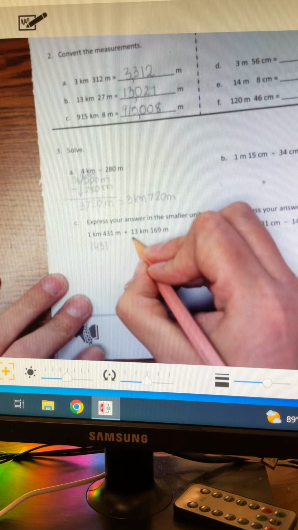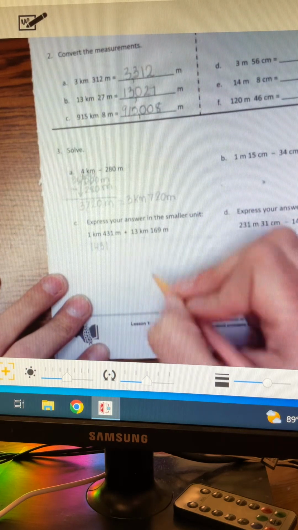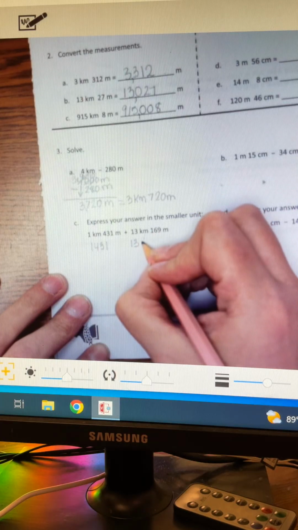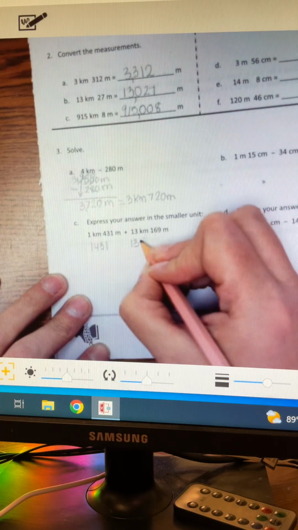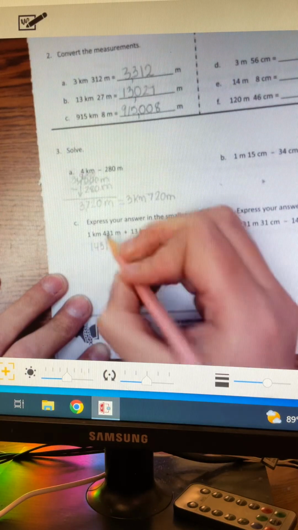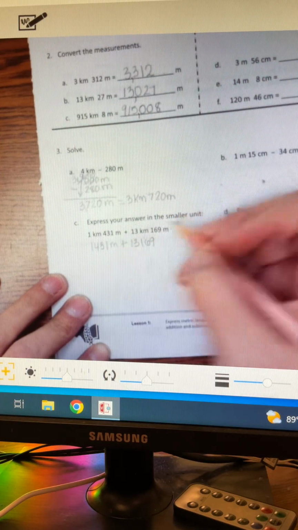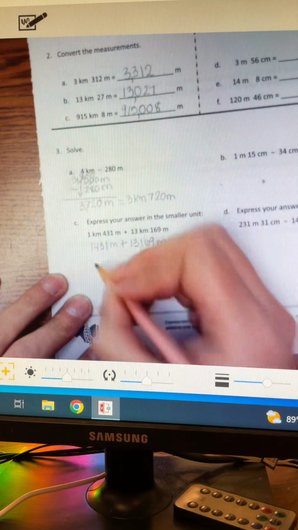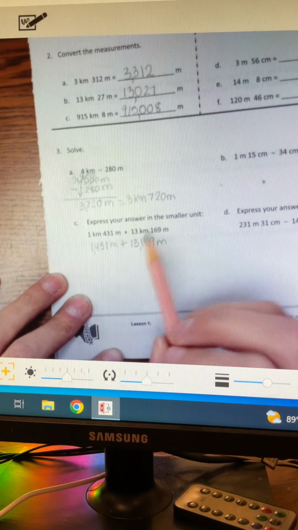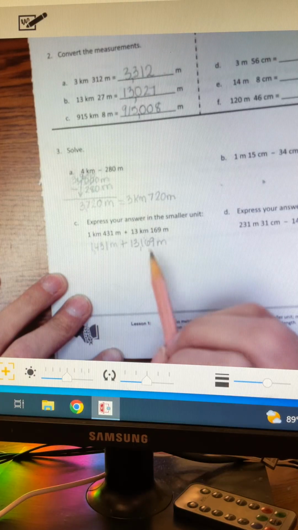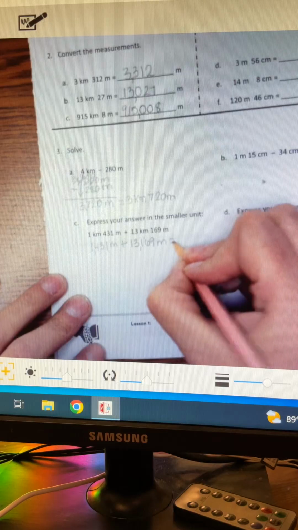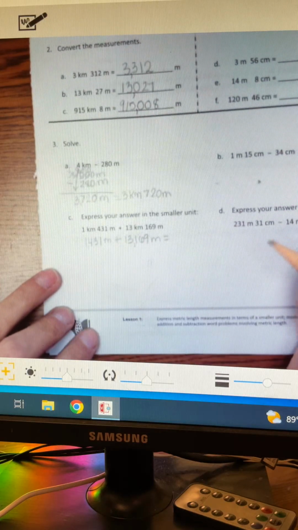Now we're going to do the same thing to the right side. 13 kilometers is the same thing as 13,000. We have a 1 in the hundreds, a 6 in the tens, and a 9 in the ones place. Now our equation looks like this. We have 1,431 meters plus 13,169 meters.